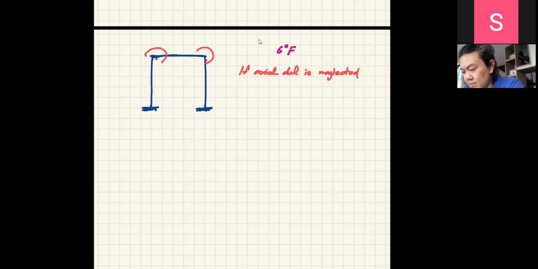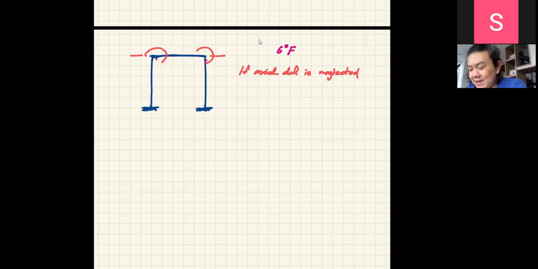So what about this horizontal one? If we say axial deformation can be neglected, it means that the axial deformation of this member is going to be close to 0, right? Are you with me? We don't care how much this member is shortened or elongated.